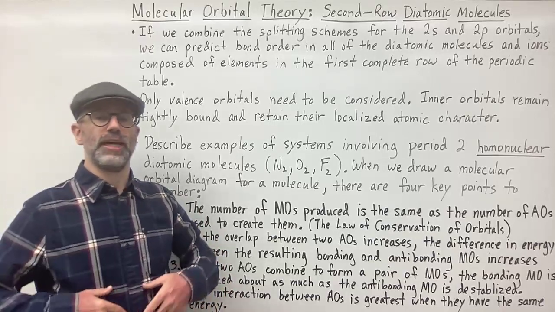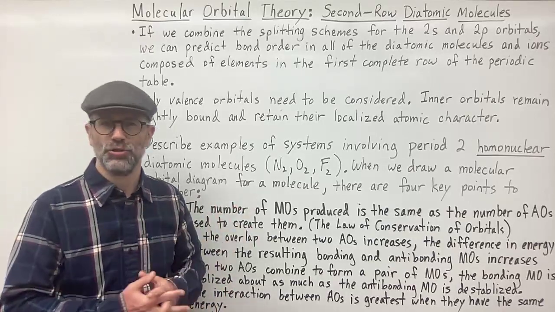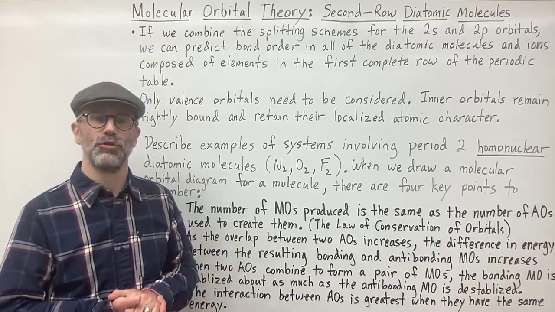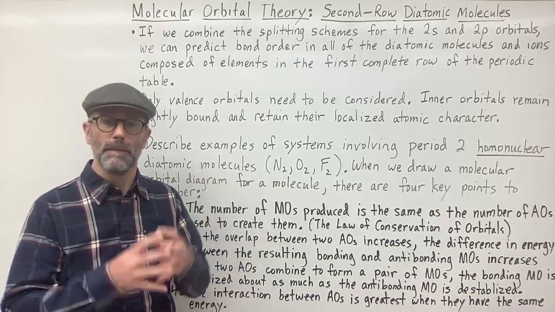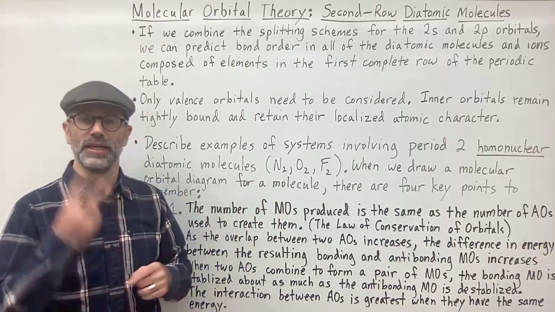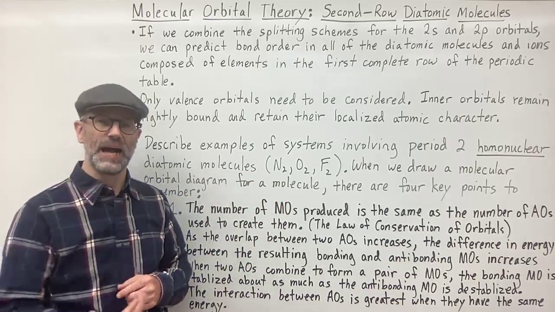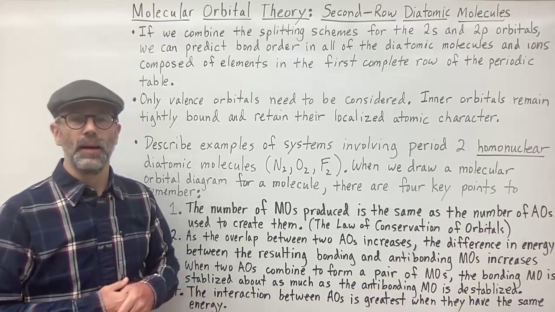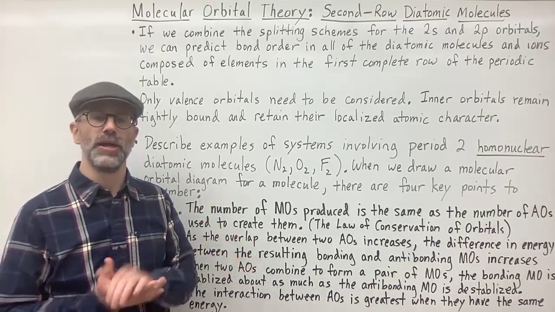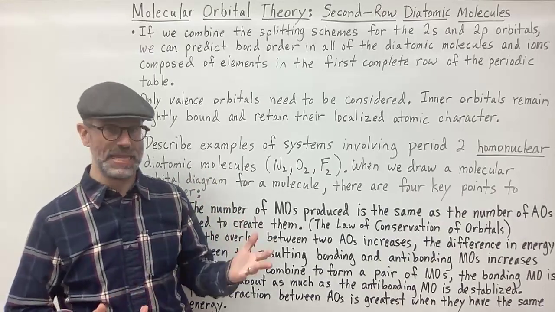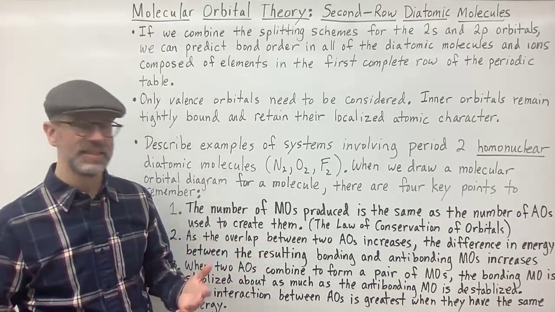So this is pretty similar to hybridization, right? If you take an s and a p and you combine those together, you get two sp hybridized orbitals. But this is not hybridization in that sense. This is molecular orbital theory. Hybridization was from valence bond theory, but the idea is the same.